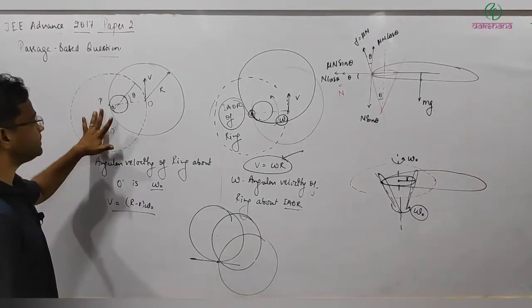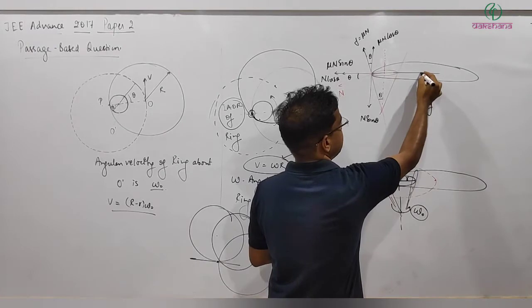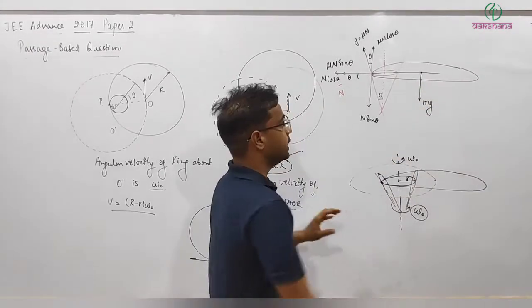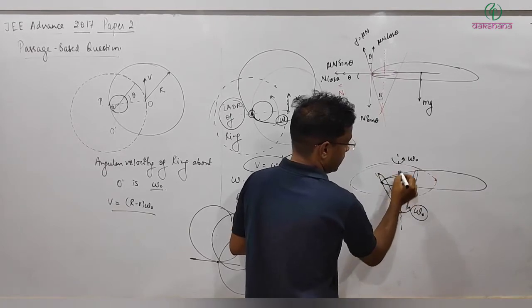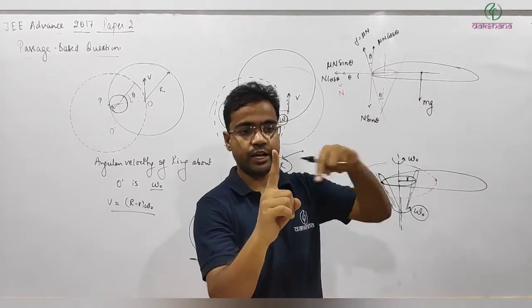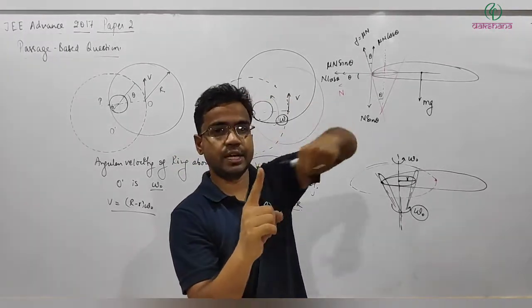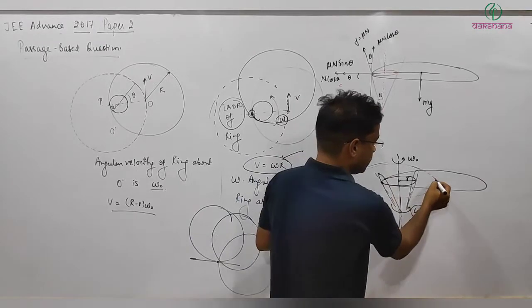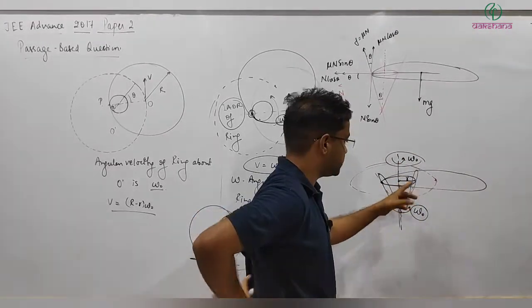Another point is simultaneously you can see here actually this center of the ring is describing a circle, or it's moving in a circle about this axis also. When the ring is rotating like this way, the ring will be rotating and the center of the ring will be moving in a circle.